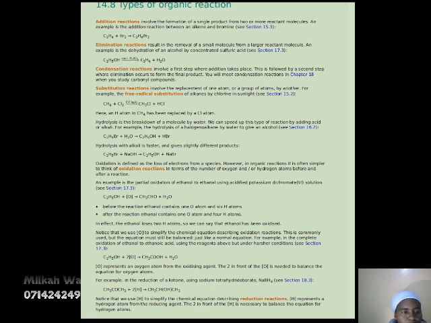For example, if you have ethanol, you oxidize it, you are going to get an aldehyde, ethanal, plus water. But make sure you balance the oxygen atoms on both sides to make sure they are the same. So O in square brackets represents the oxidizing agent.